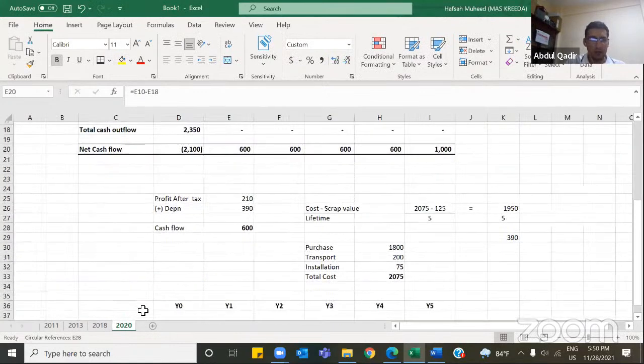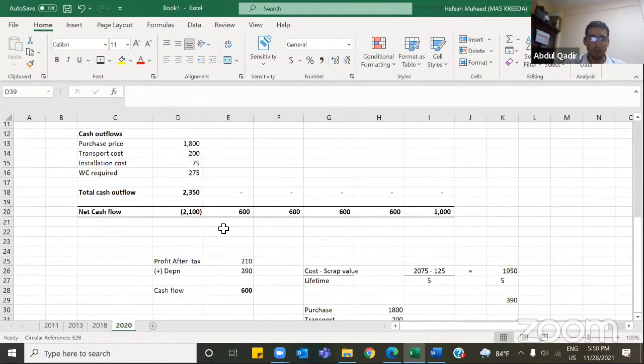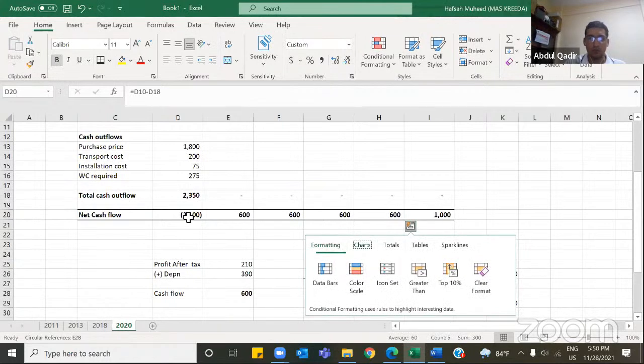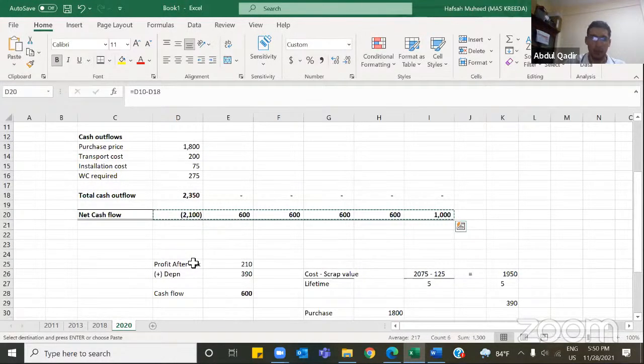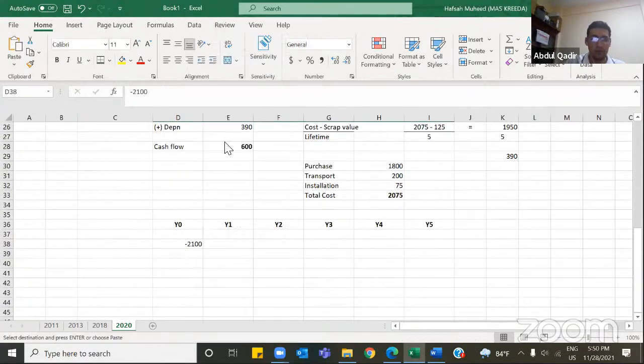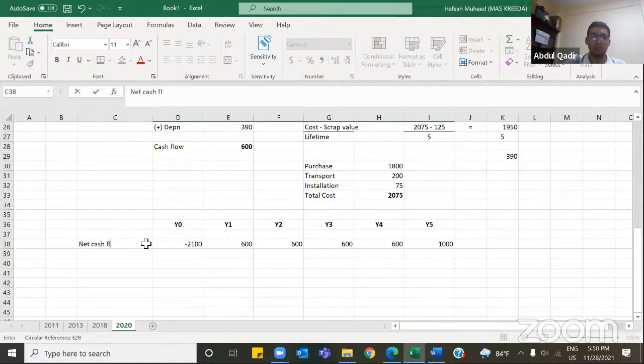Yeah, so just type it out, right? So here it's minus 2100. Give me a second, some Excel problem, but yeah. Okay, right. So these are the net cash flows.